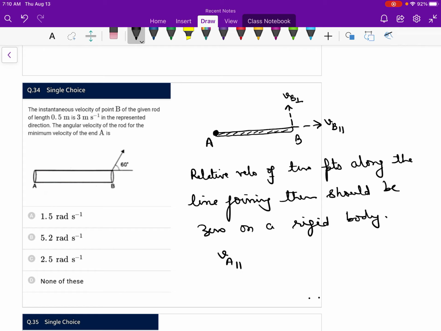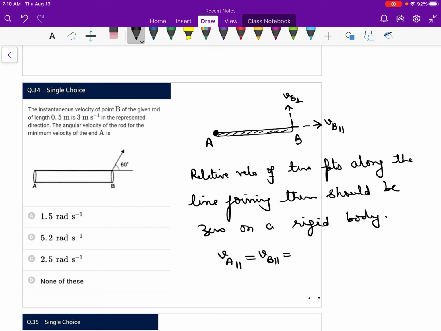So VA parallel must be equal to VB parallel, which is how much? That VB parallel, which is 3. So VA parallel must be equal to VB parallel.